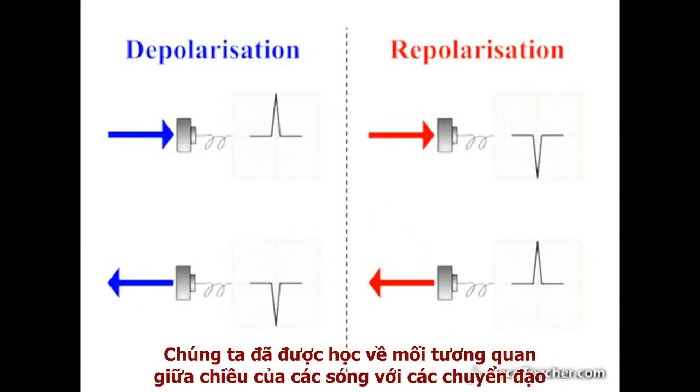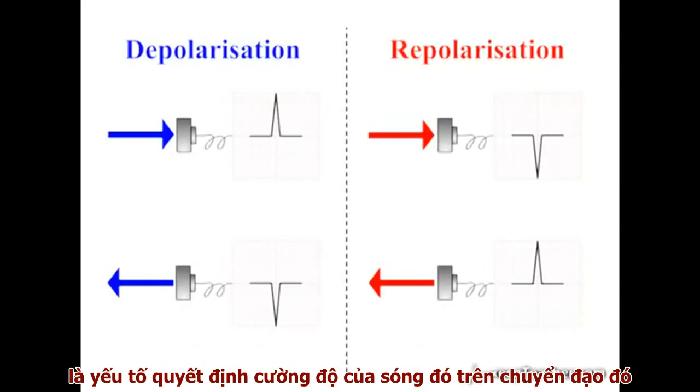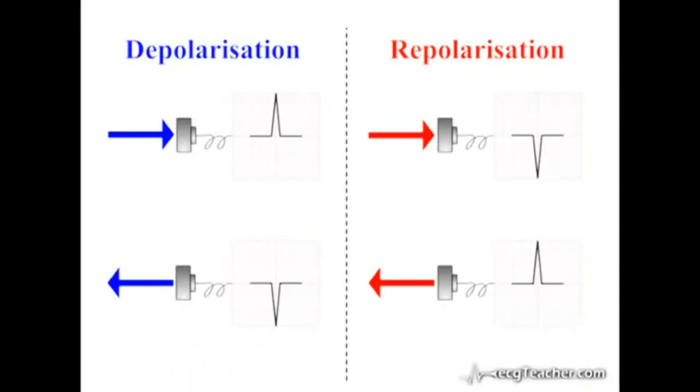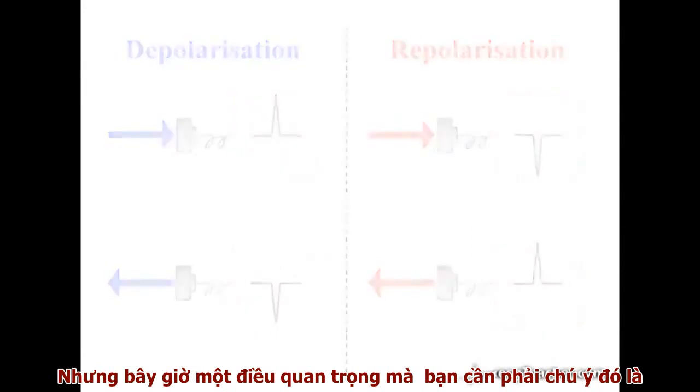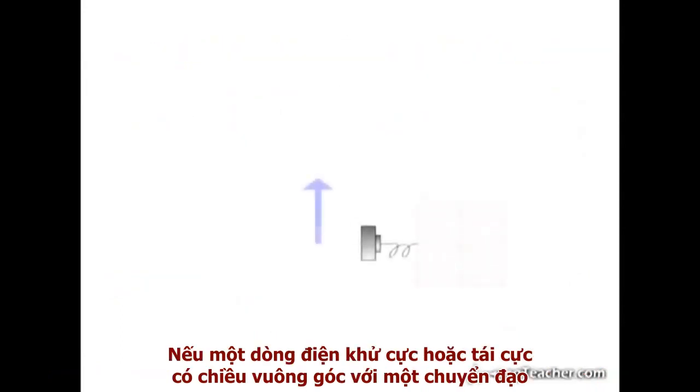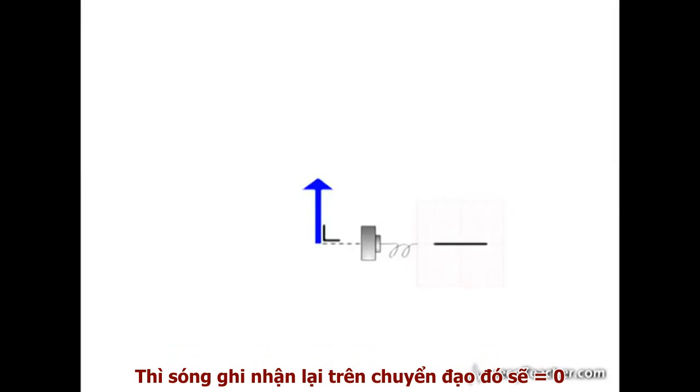We learned how the direction of travel of a depolarizing or repolarizing current relative to a lead is the key determinant of the sign of the deflection produced in that lead. We will expand on this analysis in future videos. However, for now, it is important to realize that if a depolarizing or repolarizing current is traveling at 90 degrees relative to a lead, it will not be recorded by that lead.